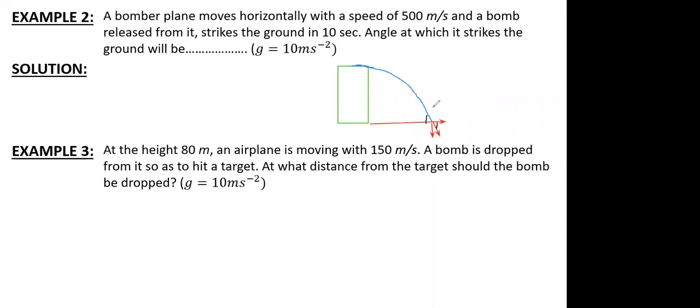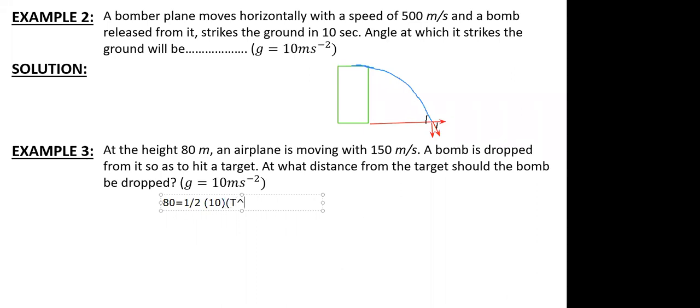Sir, it's 600 meters. I wrote it in the chat also. How did you get 600 meters? Firstly, we'll take h is equal to half g t dash square. That's the formula. We already have the height, which is 80 meters. Then half into 10 meter per second square into t dash square.